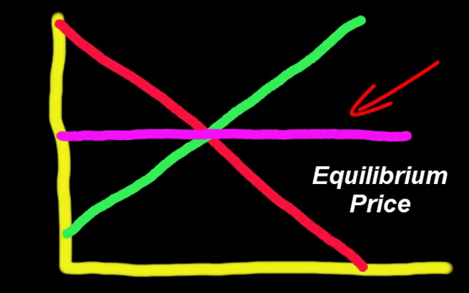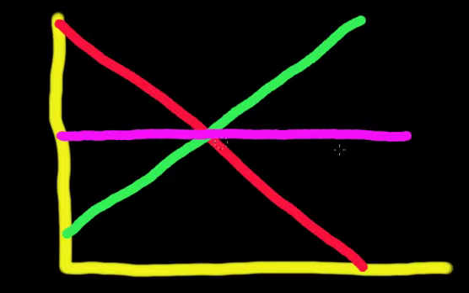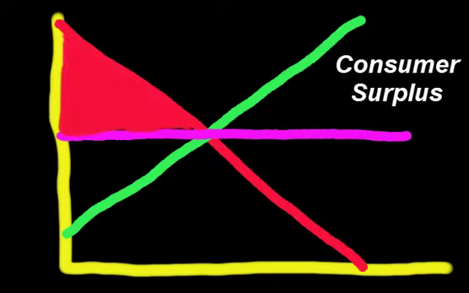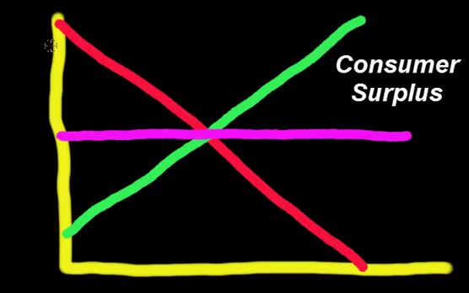All right, so let's look at how we measure the benefits to consumers when the price is given at this purple line. The consumer surplus is just given by the area underneath the marginal benefit curve for them, and above the price curve.